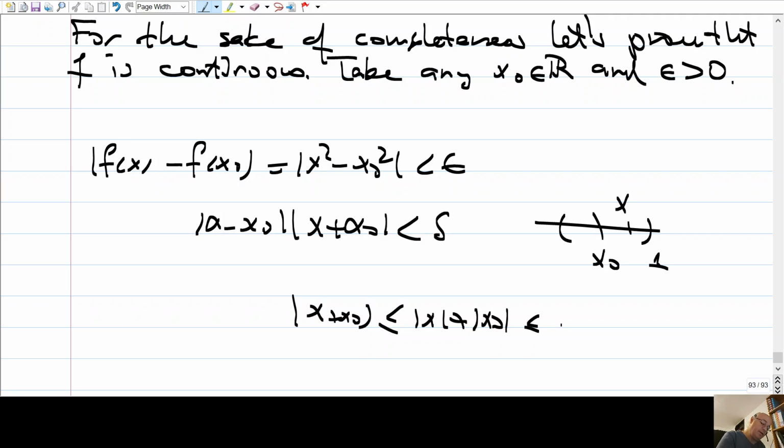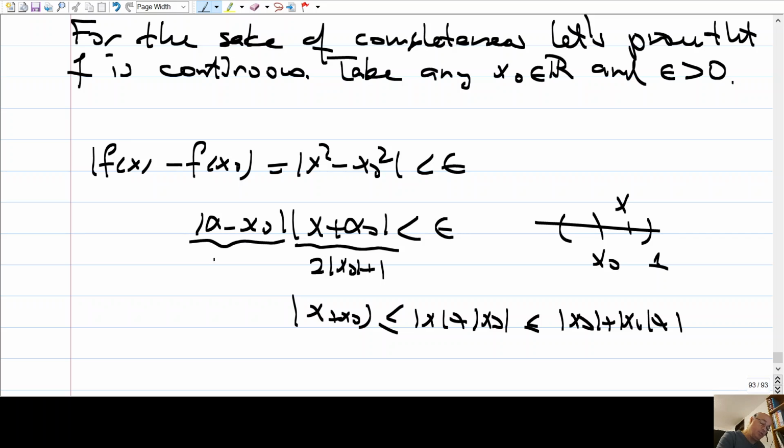Okay. So x0 plus x0 plus 1, so 2x0 plus 1. So if I choose, okay, I want this to be less than epsilon. So this thing is less than 2x0 plus 1.